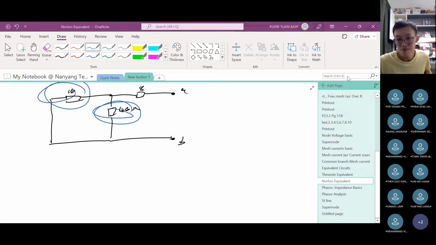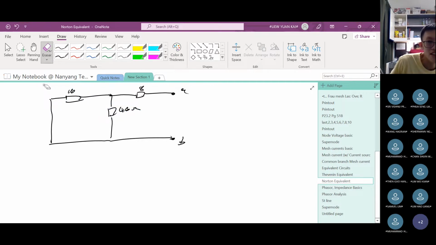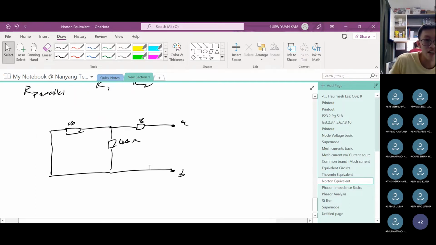So the answer is they are parallel. These two, 10 ohms and 40 ohms, are parallel. Why is that? Look at this. This is one node, and this is one node.